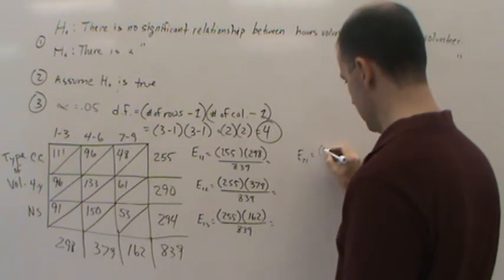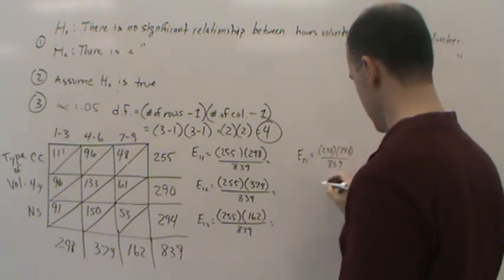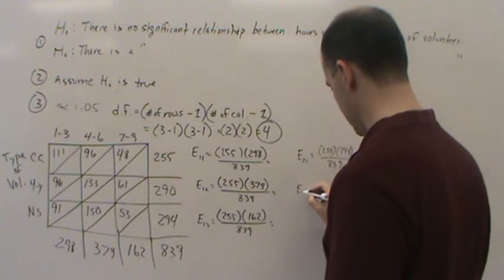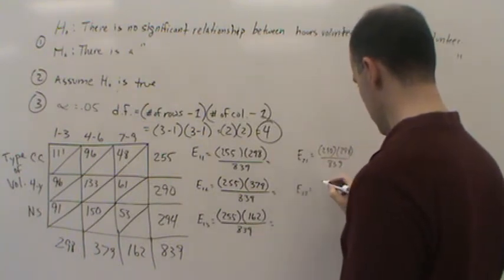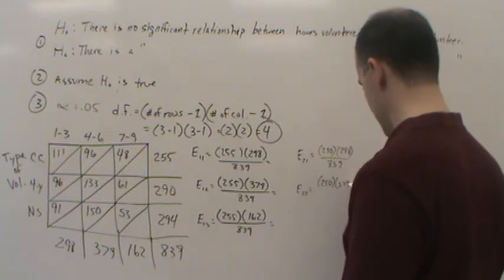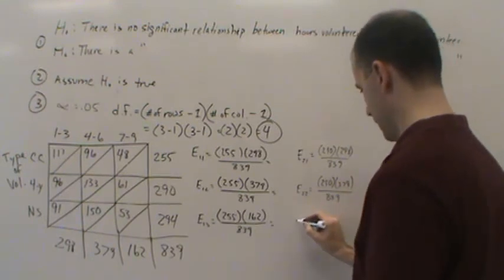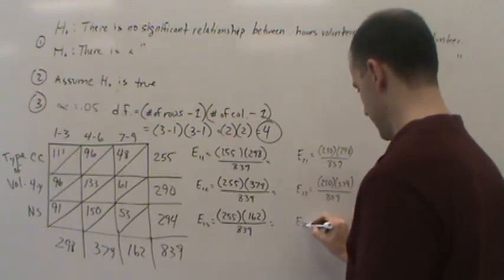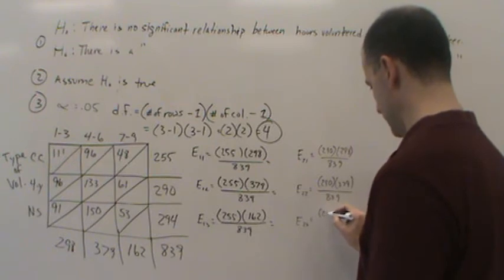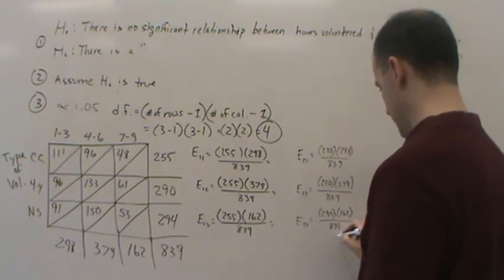So it's going to be 290 times 298 over 839. And then E22 is going to be 290 times 379 over 839. And then E23 will equal 290 times 162 over 839.